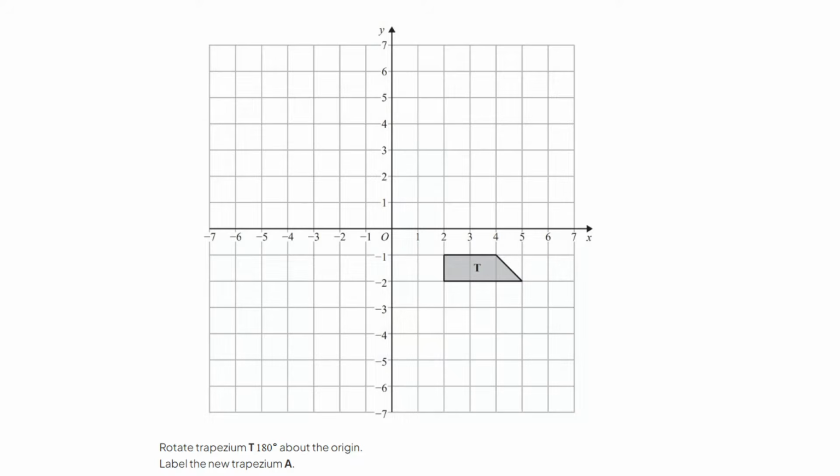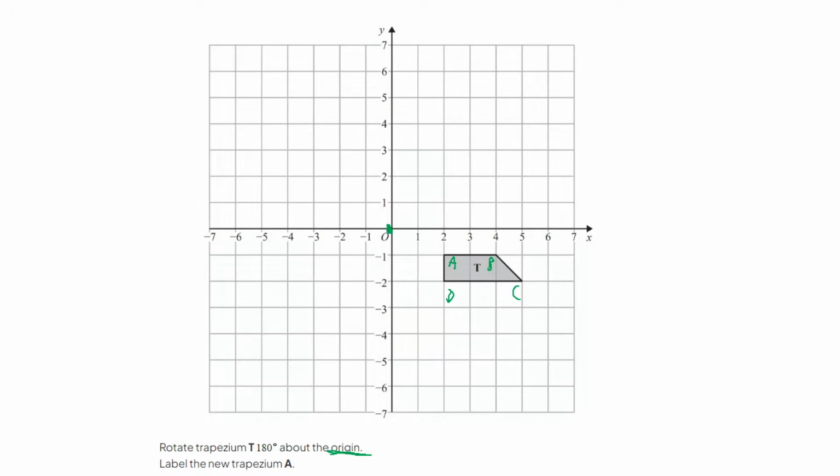All we're going to do, if it's a 180 degree turn, is go to the center of rotation, which in this case is the origin. And then let's label our points A, B, C, and D. Now let's look at them one at a time.